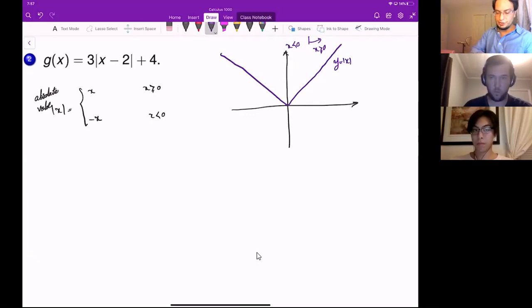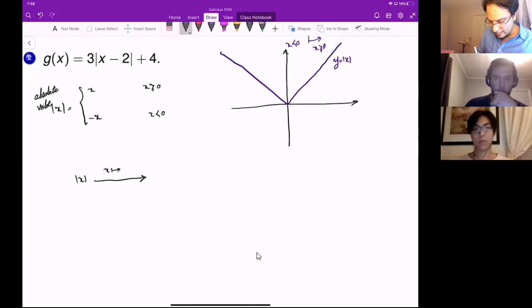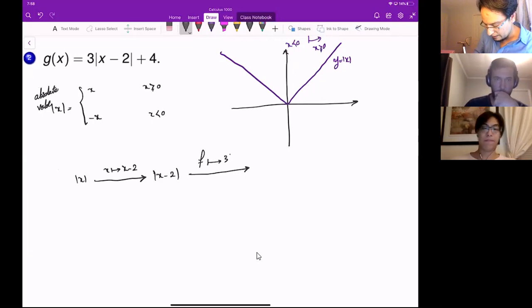But how is that related to my function? Okay, if I start with the absolute value function, then I can apply some transformations and get g of x. What are the transformations? First, I replace x by x minus 2. This way I get absolute value of x minus 2. And then I multiply whatever the function is by 3.